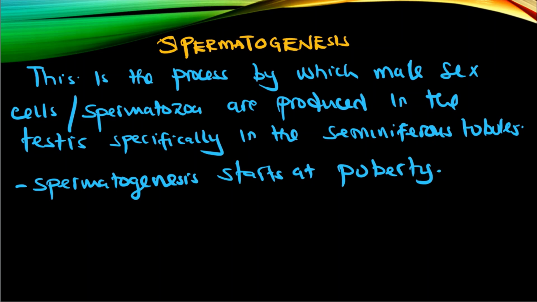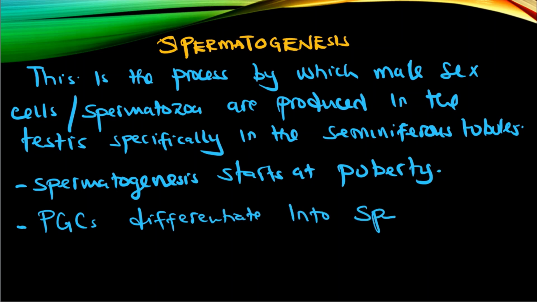What happens is that the primordial germ cells differentiate into cells called spermatogonia.